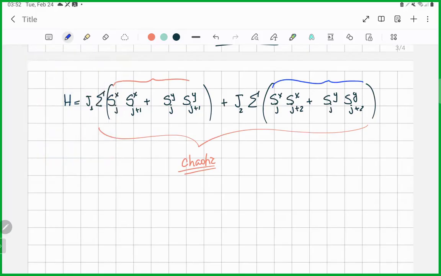So now I'm going to concentrate on this other one, using again raising and lowering operators. Okay, so let's write it. Let's investigate this term, which is contained in this part here, second neighbors. All right, so let's use the mapping that we already found, the transformation. So for the first one, we'll have the creation operator.